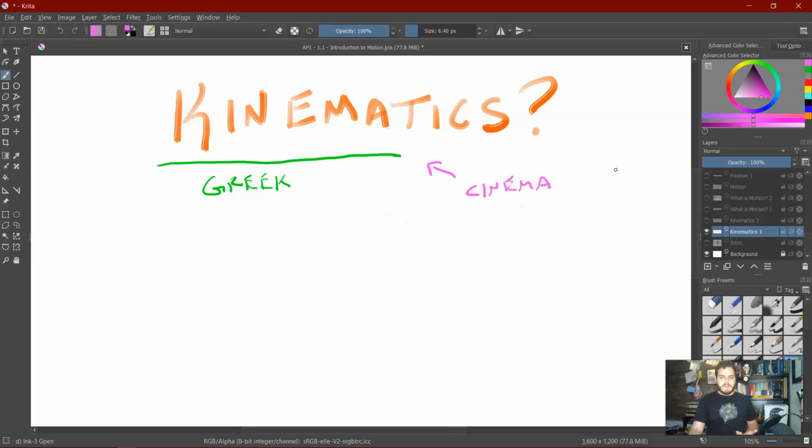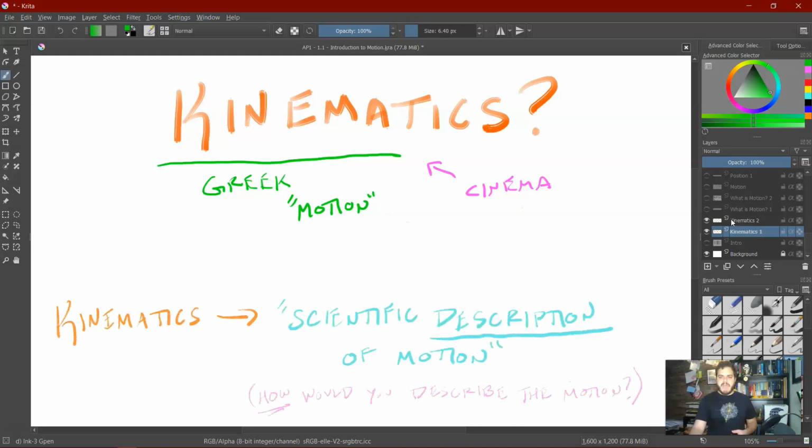And a cinema is something that has to do with movies or motion pictures, because kinema is an old Greek word for motion. And specifically, kinematics is the scientific or mathematical description of motion.